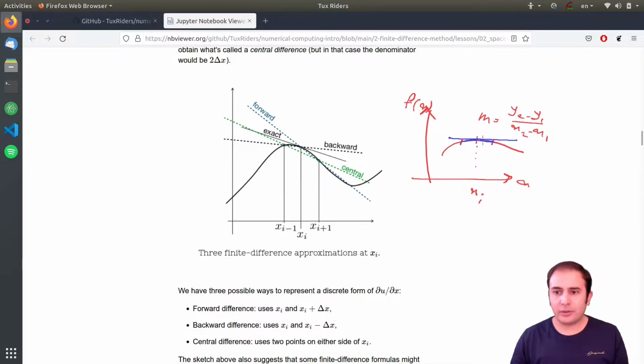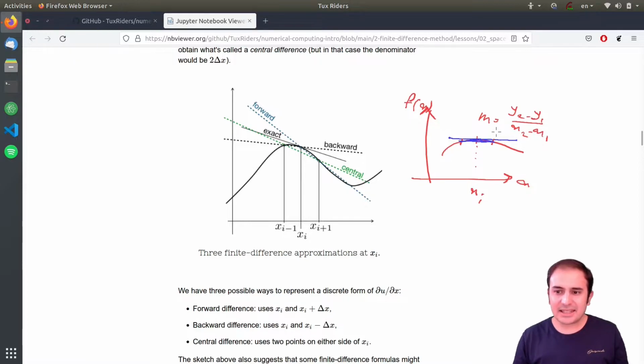This is called the forward difference, and this one is the backward difference, or let's say the forward formulation of differentiation and a backward one. And there is also a central one, where we connect these two points together, and as you can see, this one is a more accurate representation and a closer value to the real slope.